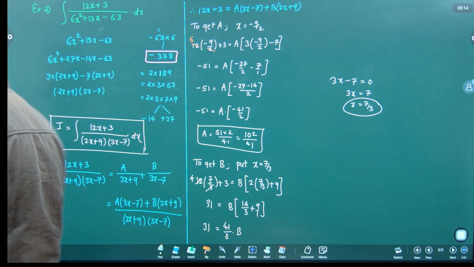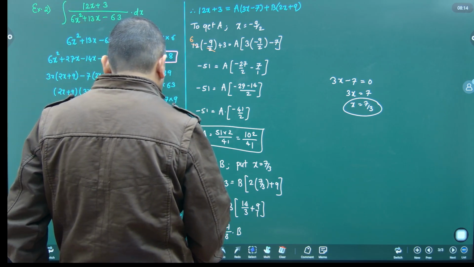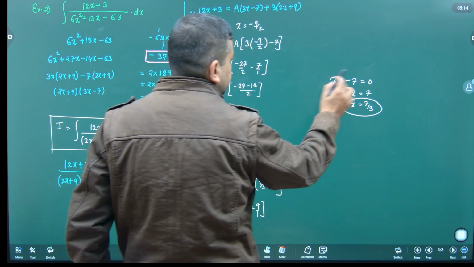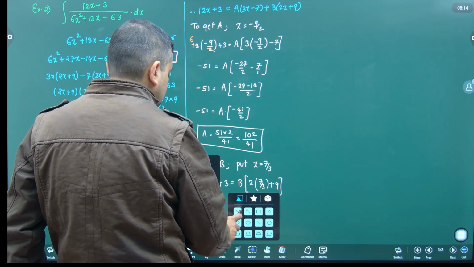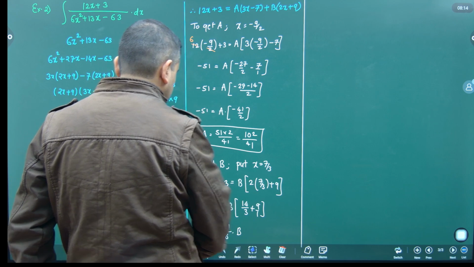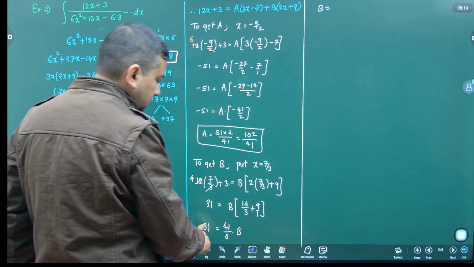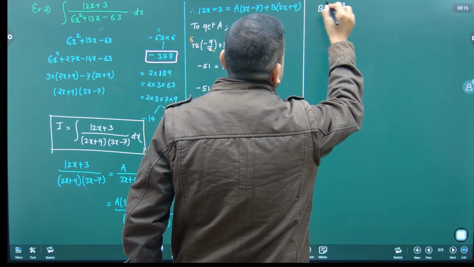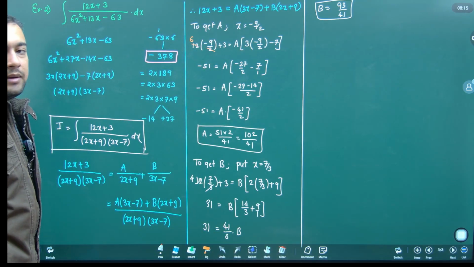So how much is B? B will be equal to 31 into 3. What is 31 into 3? 93. So B is 93 by 41. These are the values of A and B.